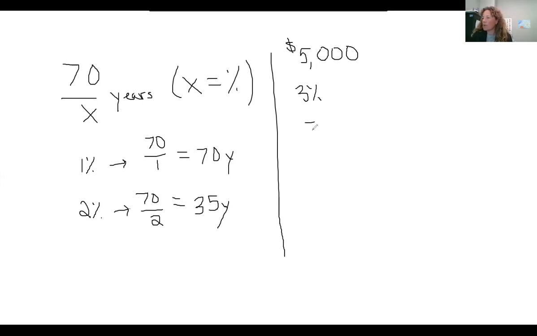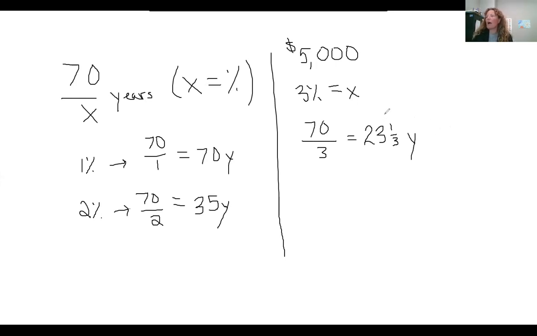I use my formula. My x is 3. So this is where I didn't pick a nice one that worked out. 70 over 3 is 23 1/3 years, or 23 years and 4 months would be a way to think about that. That might make more sense with time.